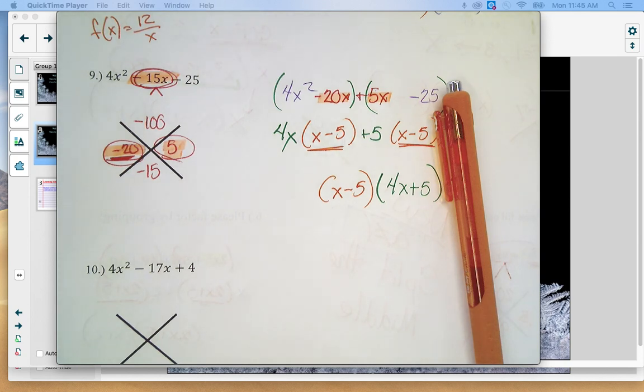Make sure you're showing that splitting the middle. Make sure you're showing that grouping. Again, use that calculator strategy. I should see you working through. If you're stuck, ask for help.